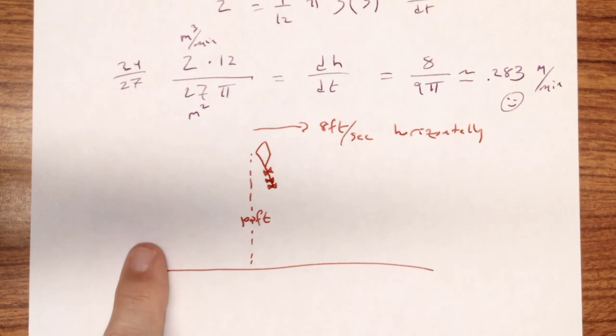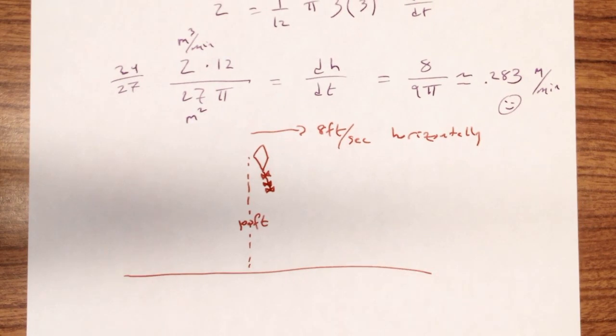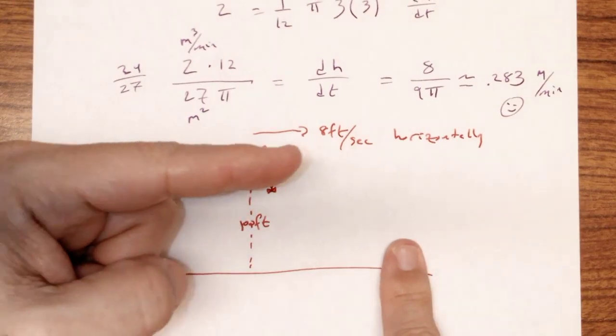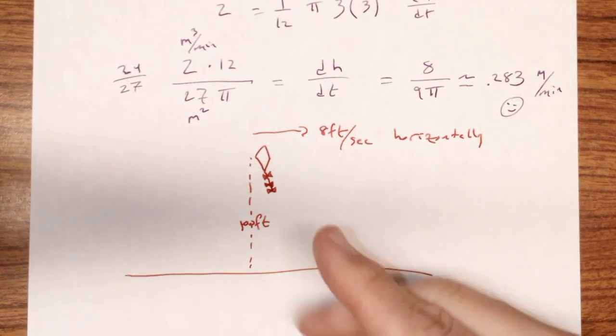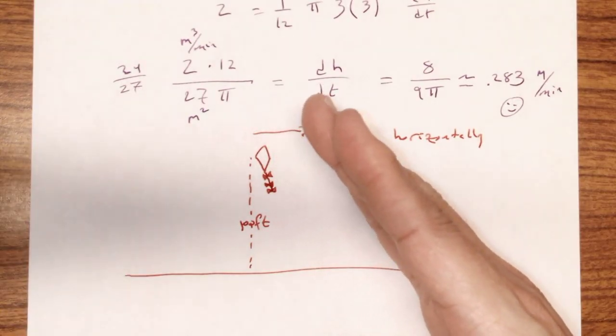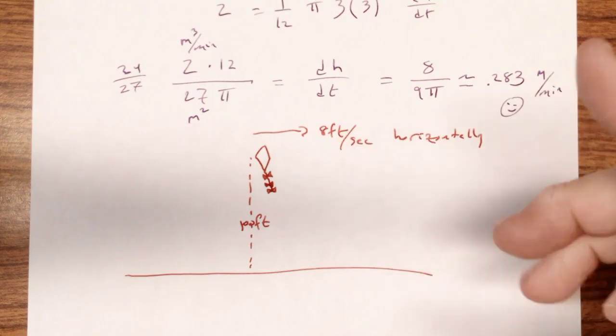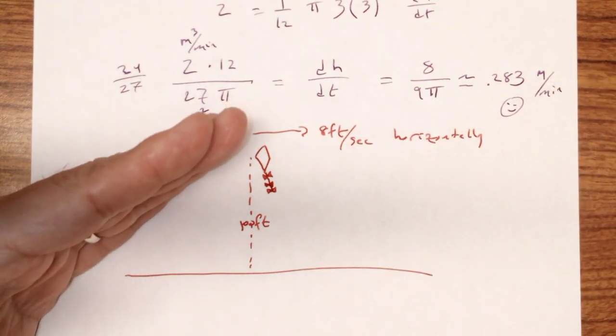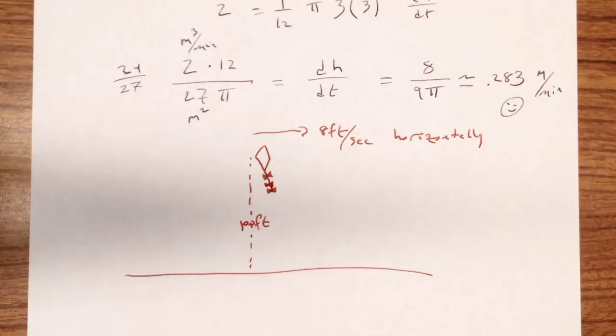Is the person over here or over here? If they are to the right and the kite is moving this way, then the angle will be getting bigger. So the fact that they told me that the angle is decreasing tells me that the person is on this side.